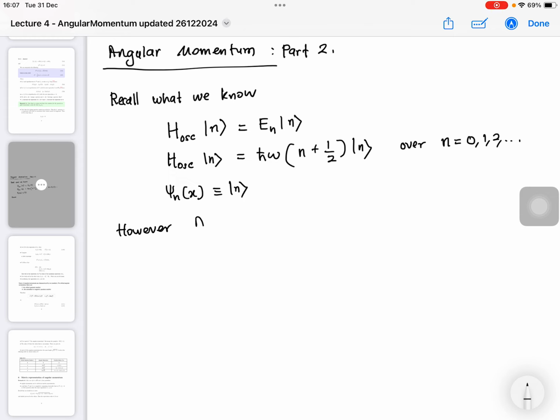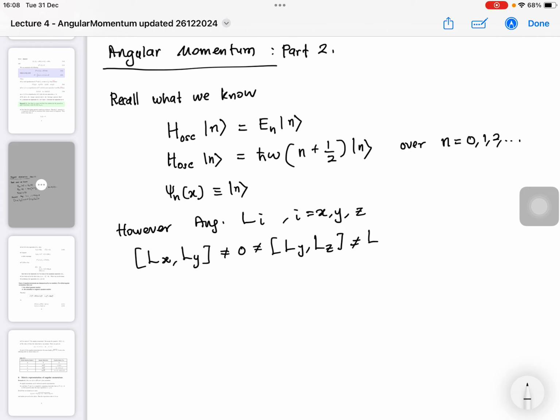However, for angular momentum, I put L_i, where i takes x, y, z. This means that the commutators between Lx and Ly are not equal to 0, and likewise for Ly, Lz and Lz, Lx, and you can find other combinations.